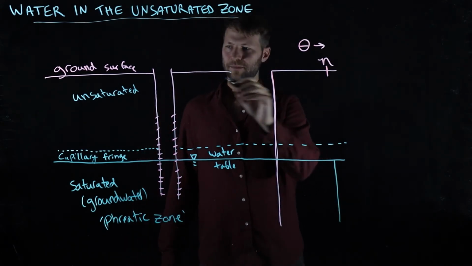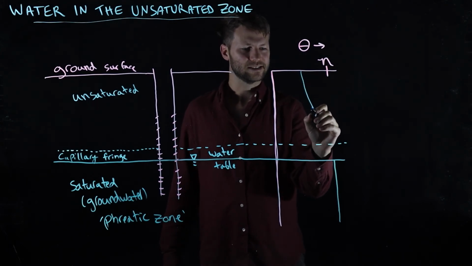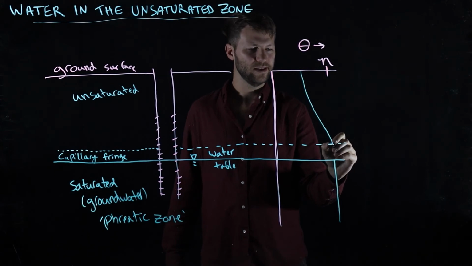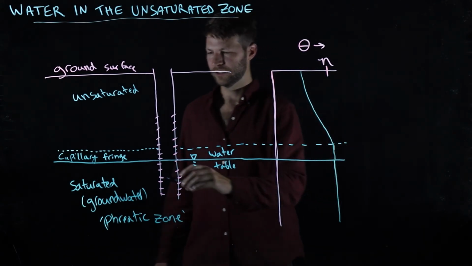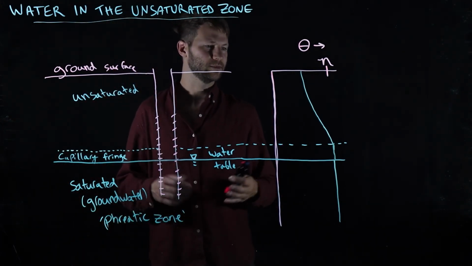We know that somewhere up here we're unsaturated, so the volumetric water content is less than the porosity. But it turns out that within the capillary fringe, all of the pores are still filled. So this is sort of an intermediate zone that we'll talk a little bit about in the coming videos.